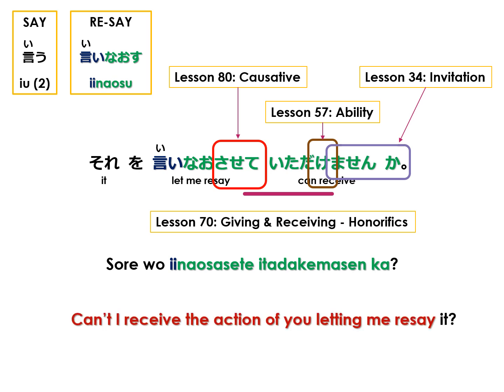Literally, can't I receive the action of you letting me re-say it? In other words, won't you please let me rephrase it? It's just a fancy way to say, won't you let me say it again? In Japanese, the longer it is, the more polite, especially when we deal with honorific language.